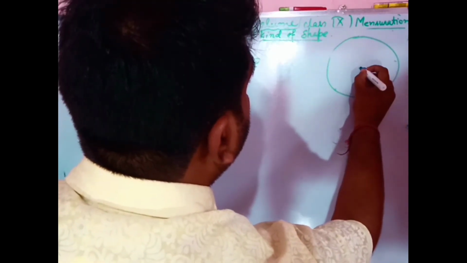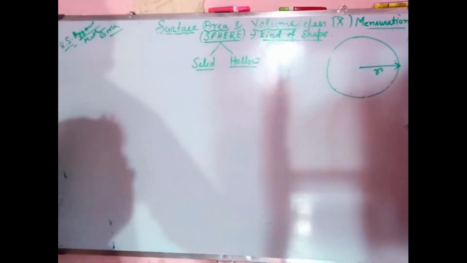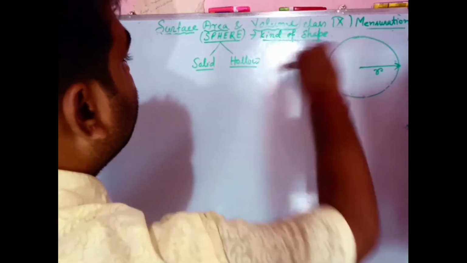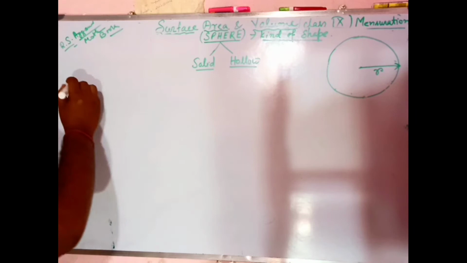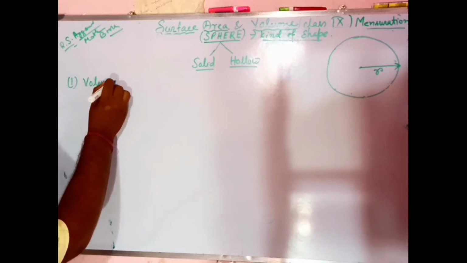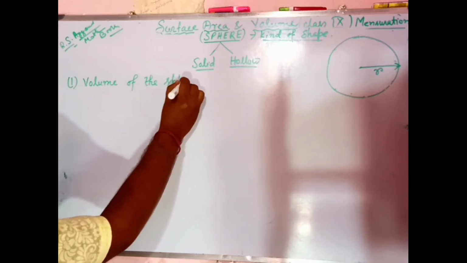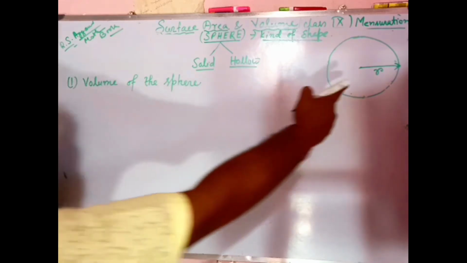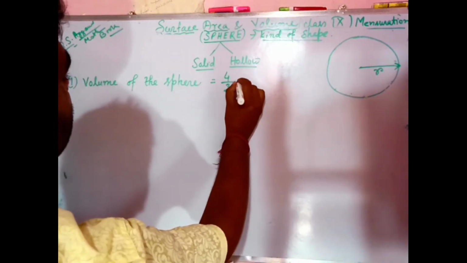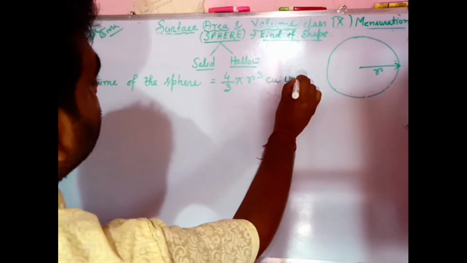This is the center of the sphere, and here comes the radius r. Since it is a round figure, the volume of the sphere, whose radius is r, is equal to 4/3 pi r cube cubic unit.